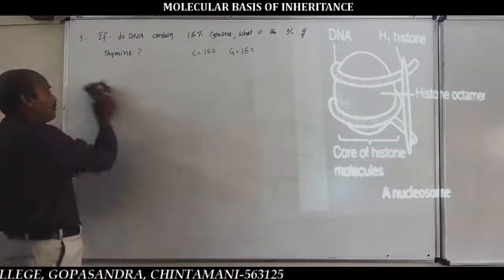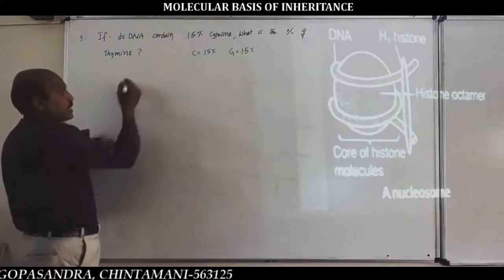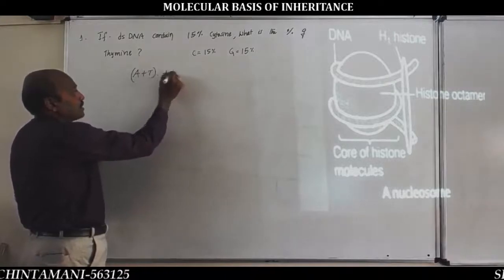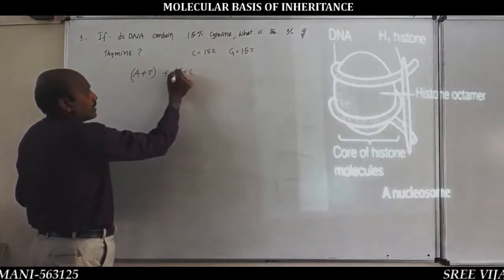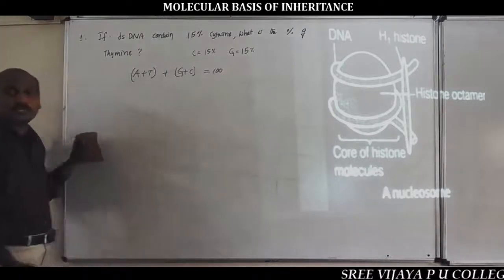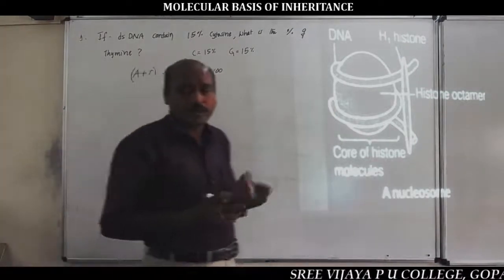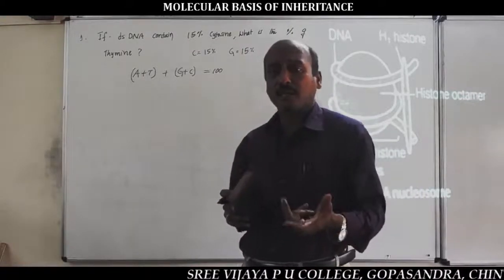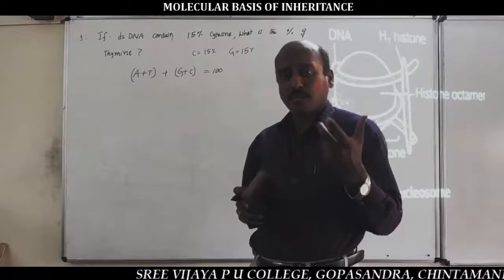And the formula of Chargaff's rule is A plus T plus G plus C equals 100. Yesterday, we discussed different types of equations of Chargaff's rule, the base equivalence rule.